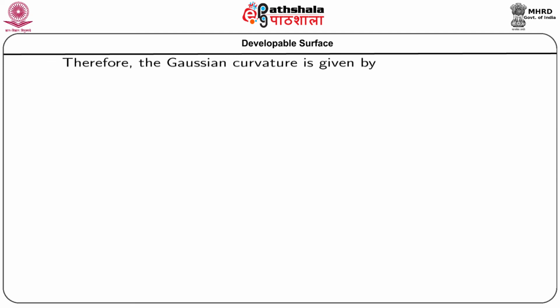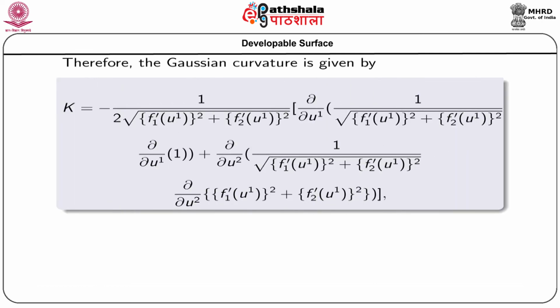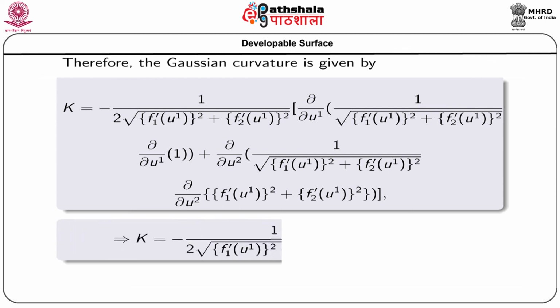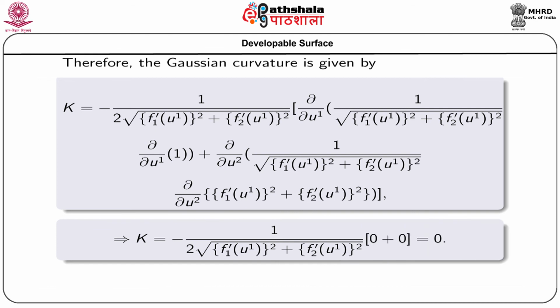Now, as a12 equals 0, that means the curvilinear coordinate system is orthogonal, we apply the formula for Gaussian curvature, and putting in the values, after calculating we get this one equal to 0. So, for this surface the Gaussian curvature is 0, that means the surface is developable.